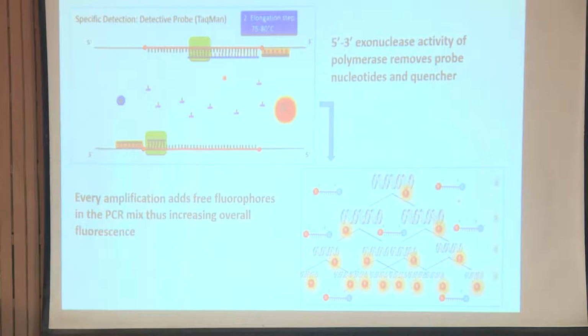I would like to know. Why in the probe based method is double-stranded DNA not fluorescent? Say it loudly, please. Quencher is separate. Very good. Is it clear to all of you?